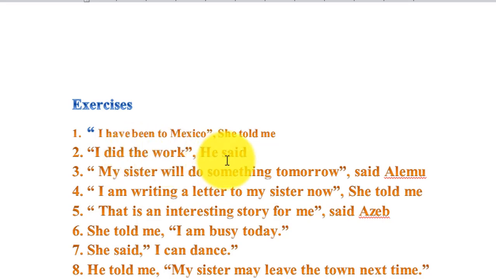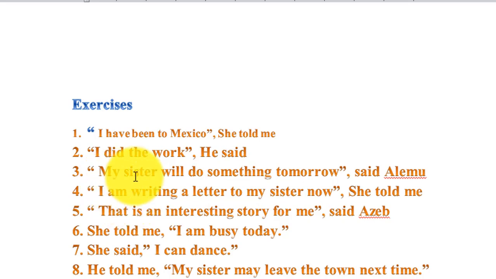He said that he had done the work; done is the past participle, verb 3. Or he said that he did the work, which is also acceptable.